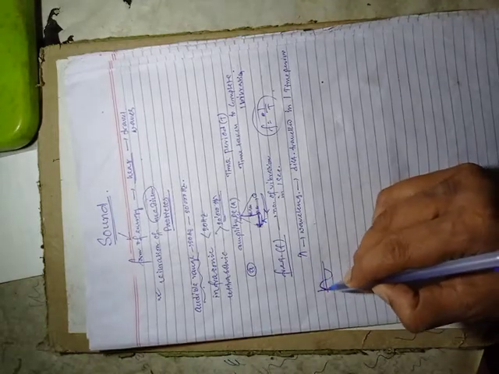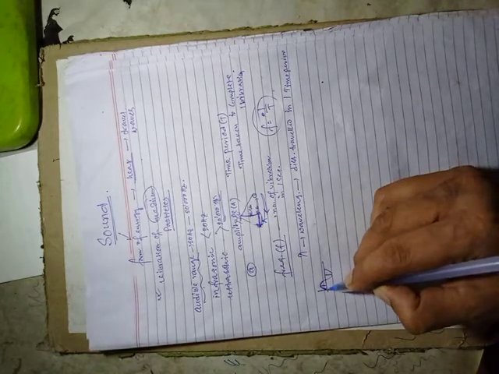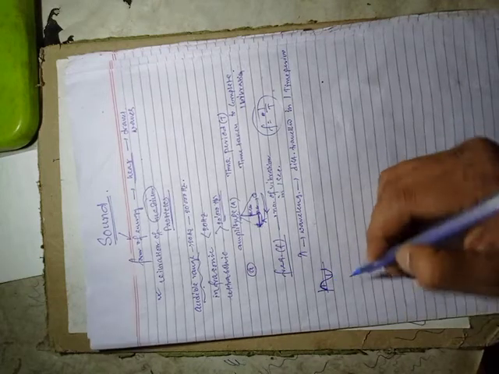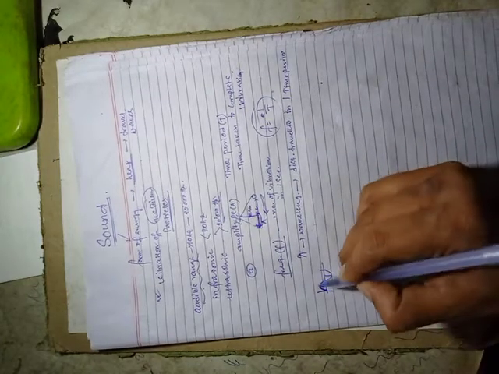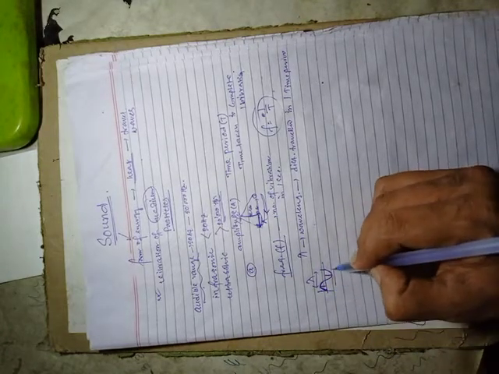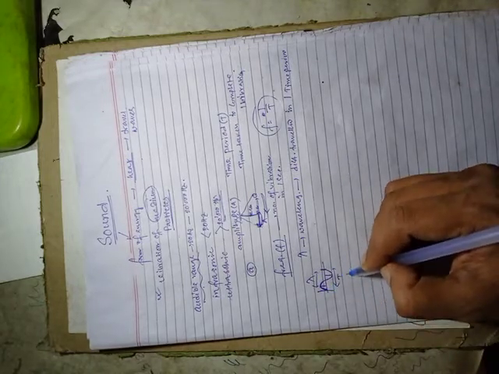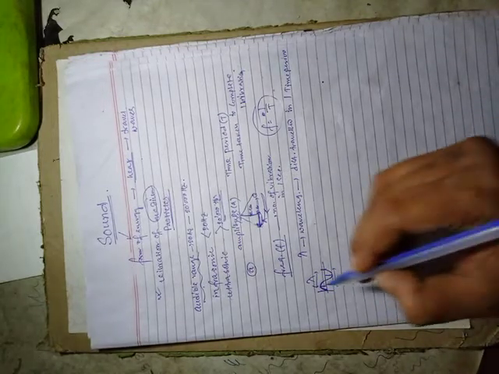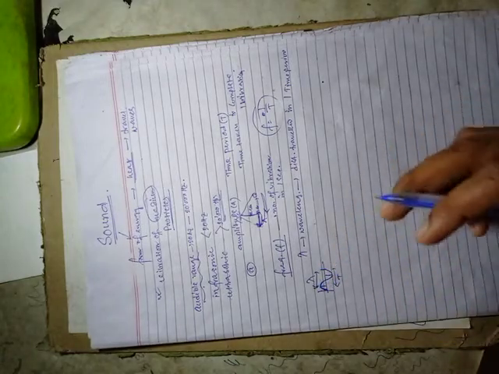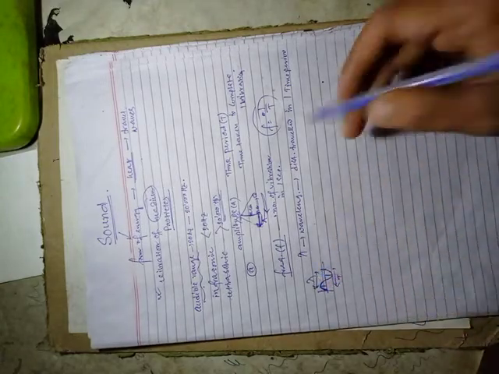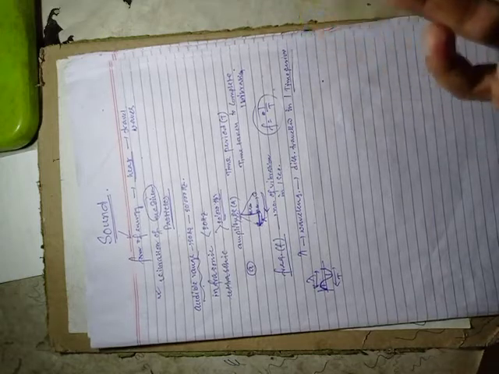One extreme is the amplitude. One complete wave up to this is called one lambda. In one complete vibration, the time taken is called T. That is the distance traveled in one vibration, one time period, and that is called the wavelength. I hope you understand about the wavelength also.